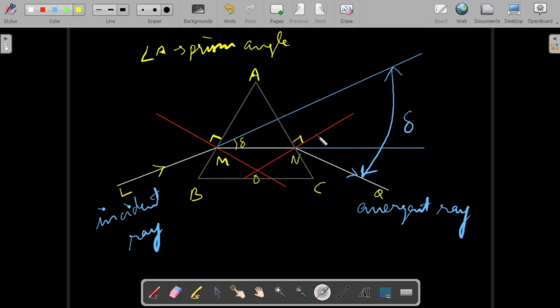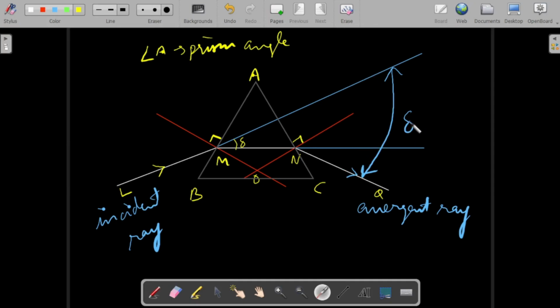But because the medium has changed, the ray MN has gone through refraction, so it has followed this one path NQ. Now, the actual path of the ray is LMNQ. If the prism were not there, it would have followed the initial path, but it is following this one. So the angle made by these two lines is the angle of deviation.